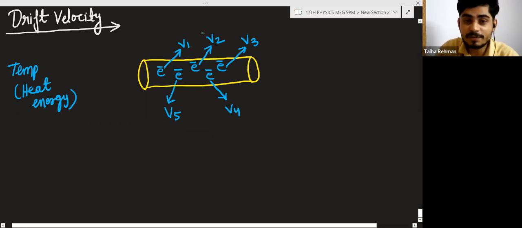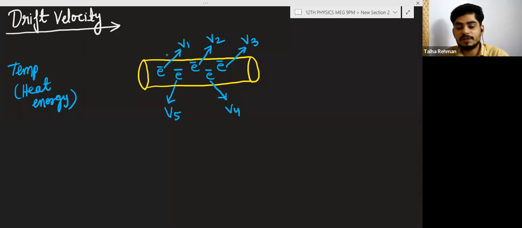I am not sure that this electron is moving in exactly this direction, but I have an idea that the electrons have random velocity because of thermal energy, or temperature.